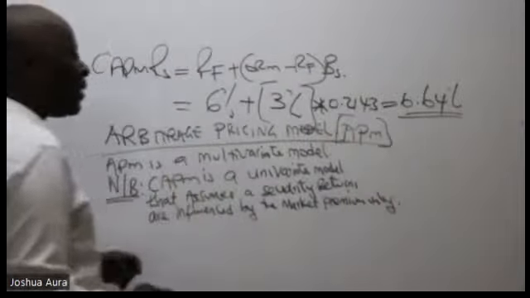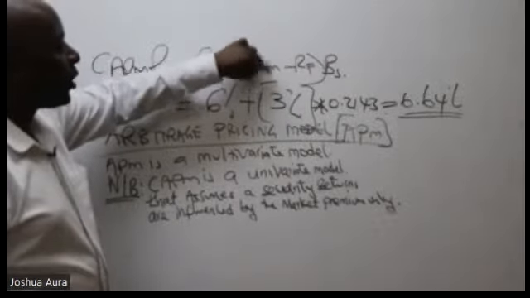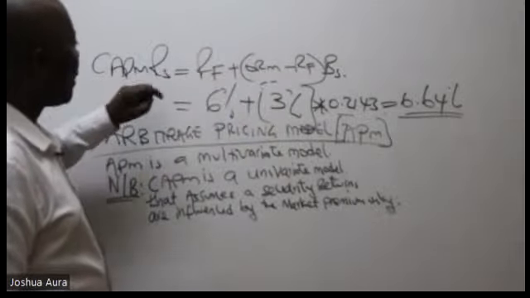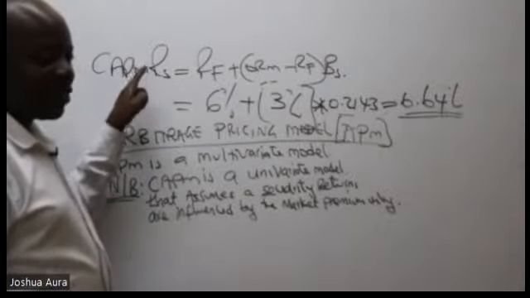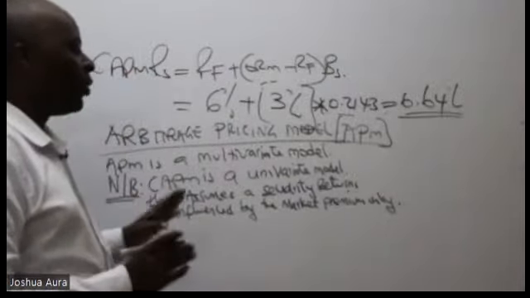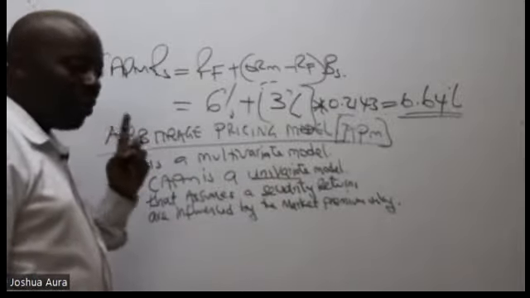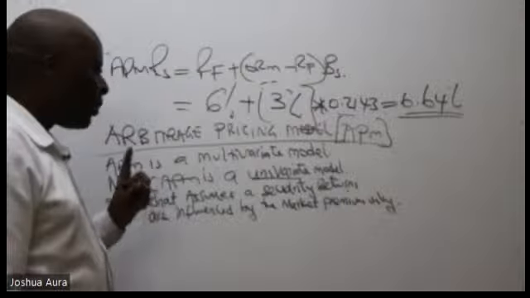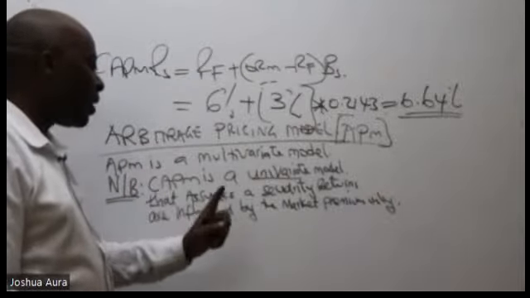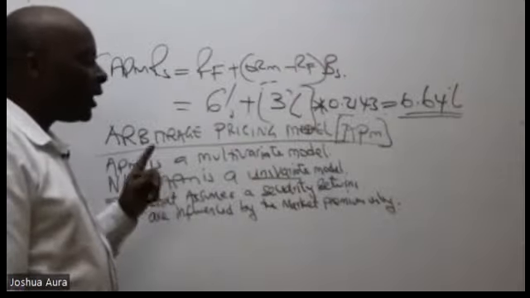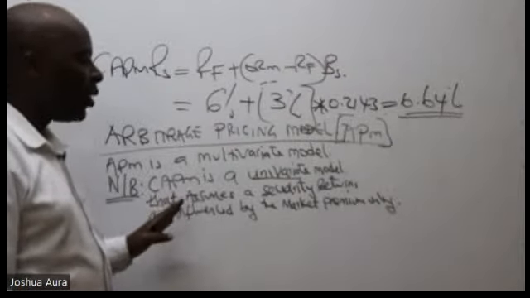The market premium is the only one that will be fluctuating, and as this fluctuates, automatically our CAPM returns change. Uni means one variable. So CAPM is a univariate model that assumes a security's returns are influenced by the market premium only.